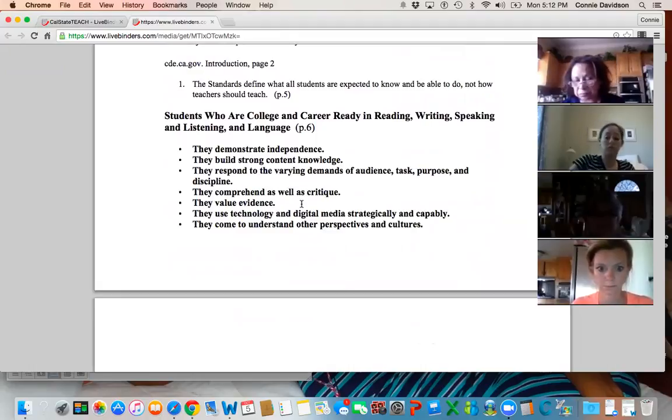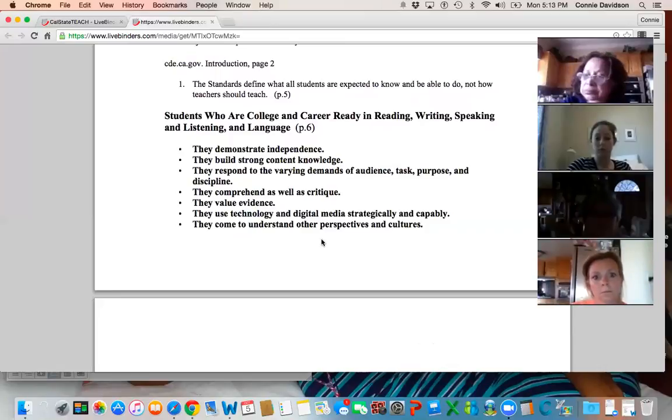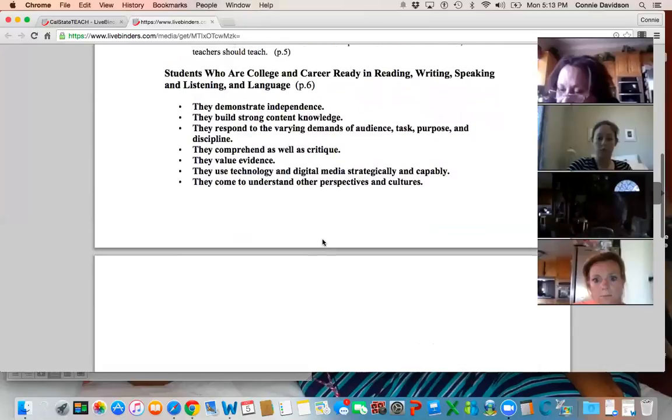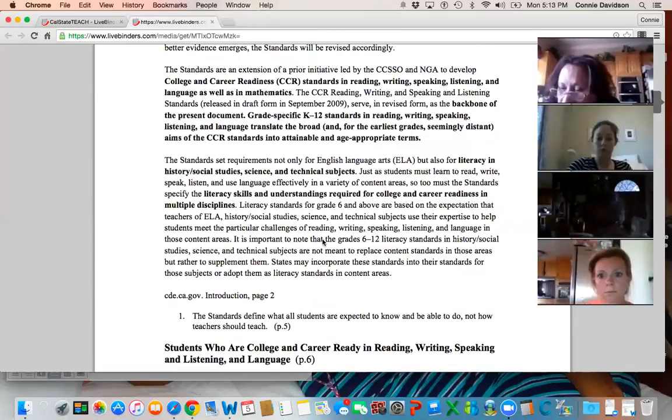They can't just say something. They have to be trained on, I think this because this says this here. They have to use technology and media, so we already know about that, and they come to understand other perspectives and cultures. One-page document. This is the backbone of everything you're going to do in your lesson planning.